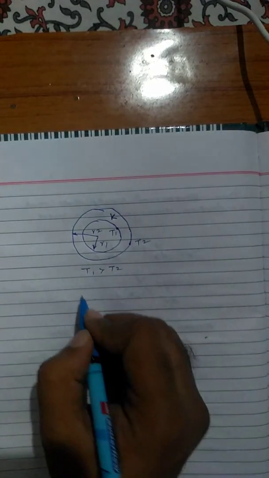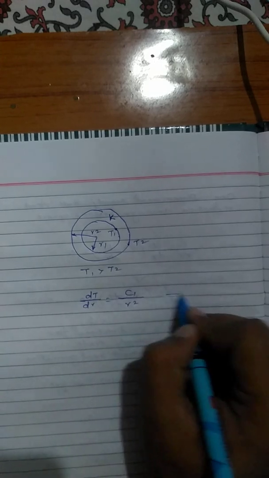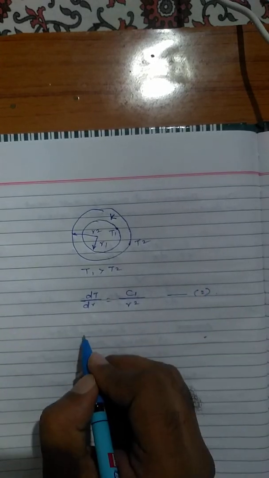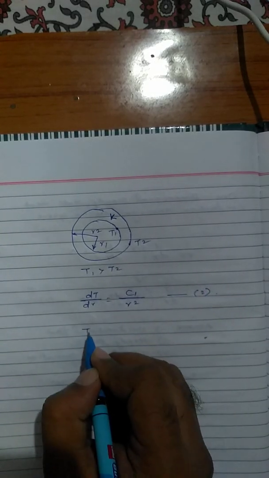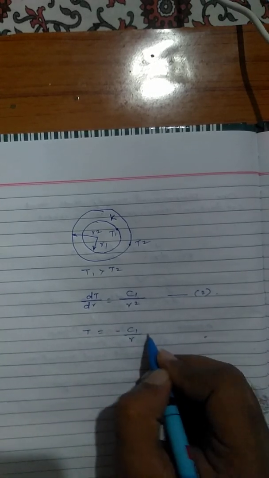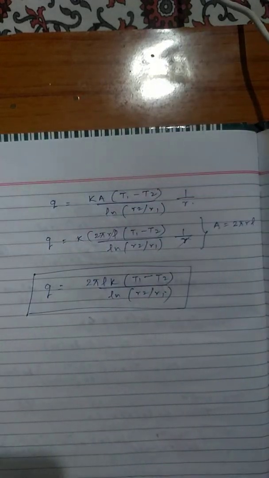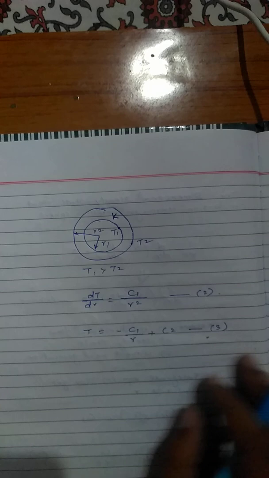Okay. Now the previous equations were dT by dr equal to C1 by r square. This was the second equation, and the third equation was T equal to minus C1 upon r plus C2. Yes, it was the third equation.